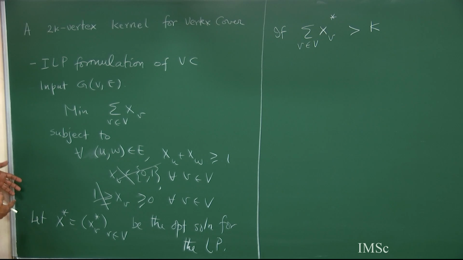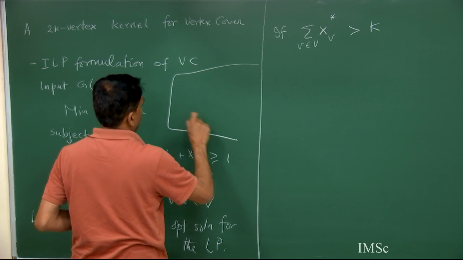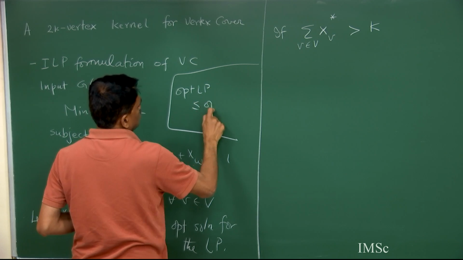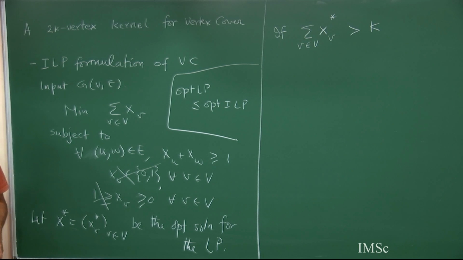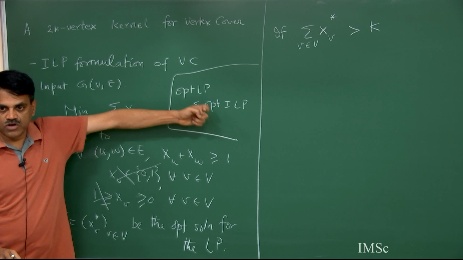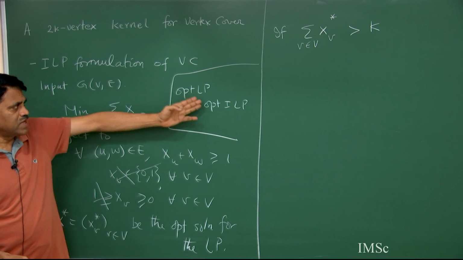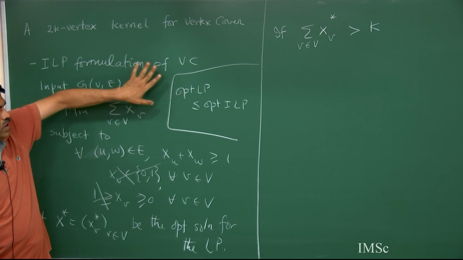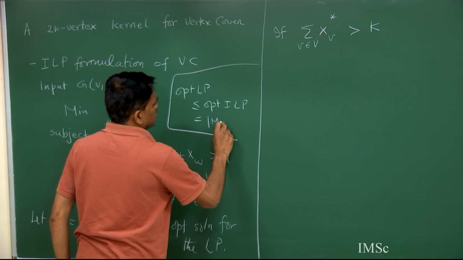So let's make this observation that opt of this LP is less than or equal to opt of this integer linear program. Agreed? Because any solution for this is also a solution for the linear program. So if you have something which optimizes this, that's also a solution here. So there is no reason this would be bigger. It's a minimization problem. By relaxing, you might get this. And what is this? This is the size of the minimum vertex cover, right?